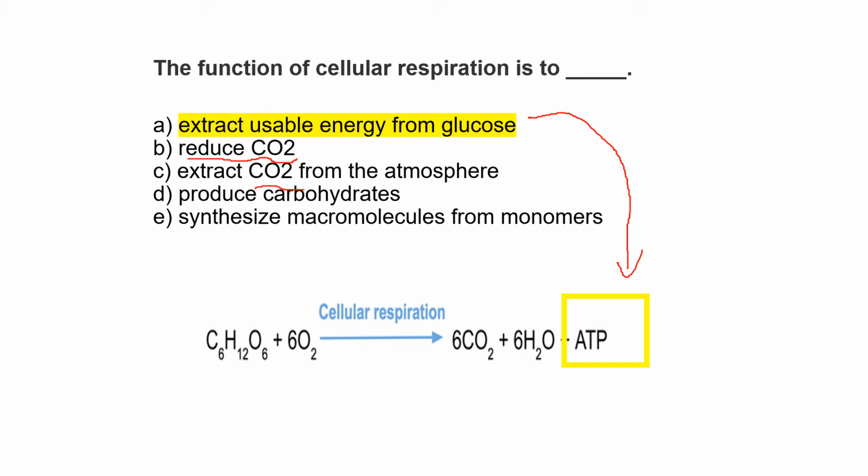Extract CO2 from the atmosphere is even wrong because we are actually doing the opposite. Produce carbohydrate, we are not even producing carbohydrate. We're breaking it into smaller pieces. Synthesize macromolecules from monomers is also wrong. So the only answer that is possible is A.